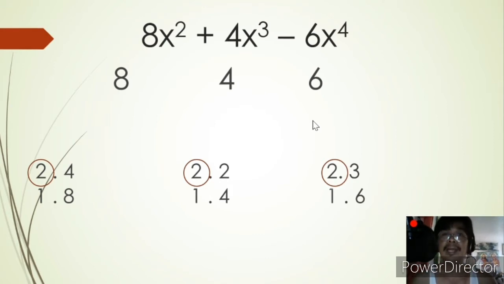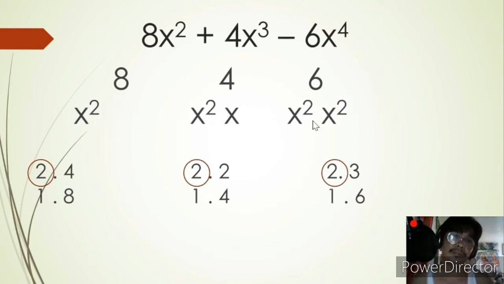Now, let us try to find the common monomial factor of the variables that we have, which is x squared, x cubed, and x to the fourth power. Obviously, we have x squared times 1, and in x cubed, we have x squared times x, that is equal to x cubed, and x squared times x squared, that is x to the fourth power.